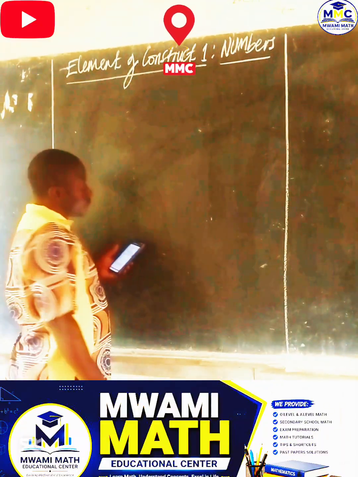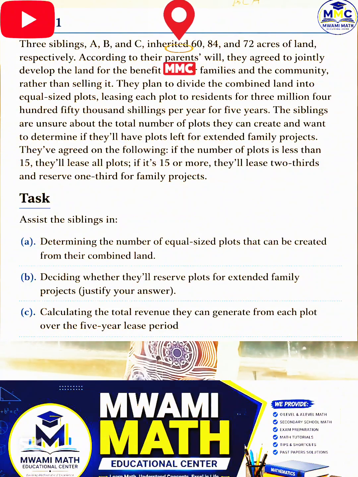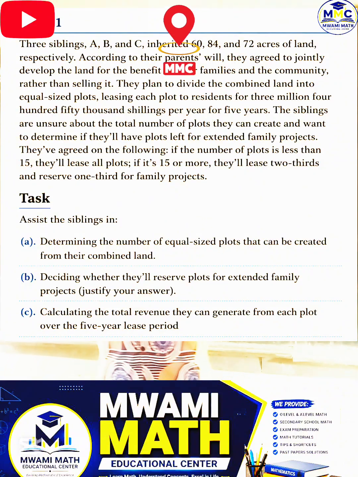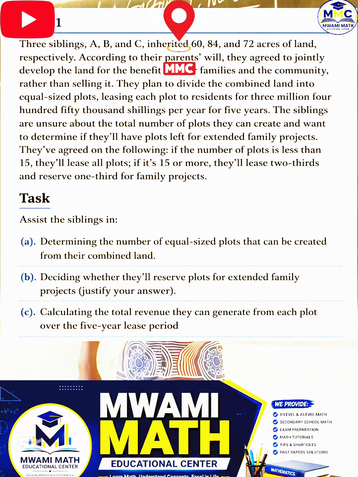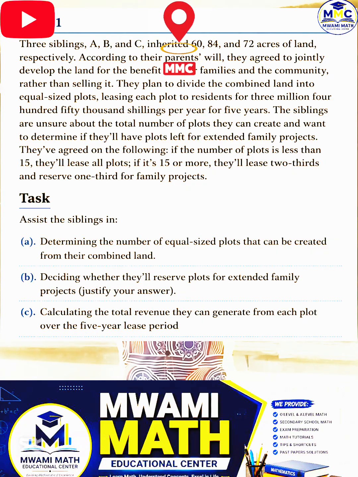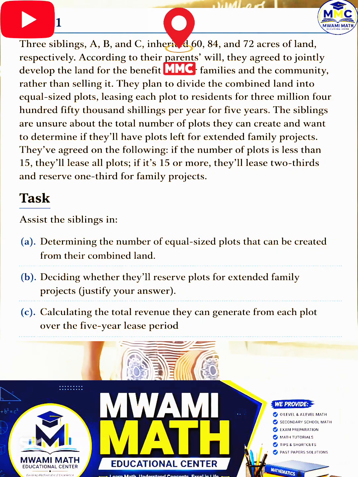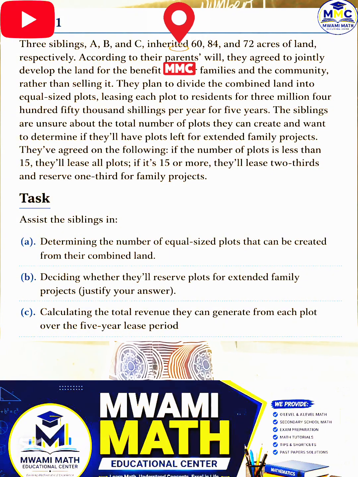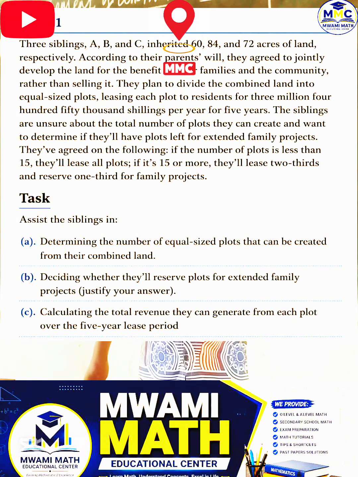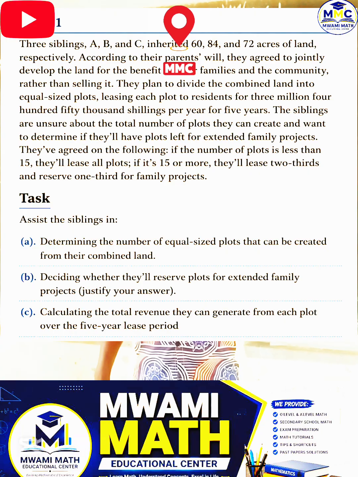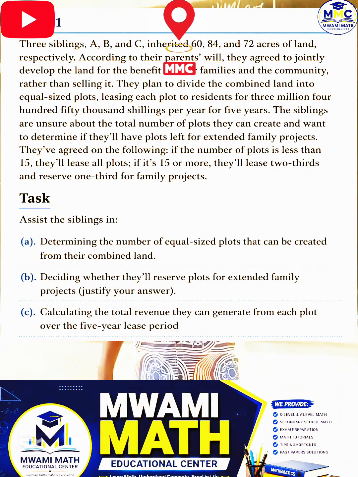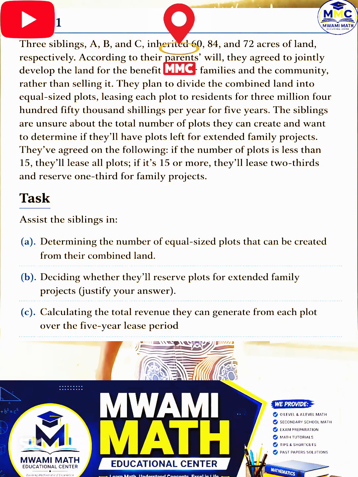Okay, so we have an item here. Three siblings A, B, and C inherited 60, 80, and 72 hectares of land, respectively. According to their parents' will, they agreed to jointly develop the land for the benefit of their families and the community.